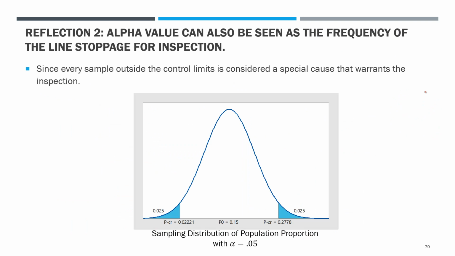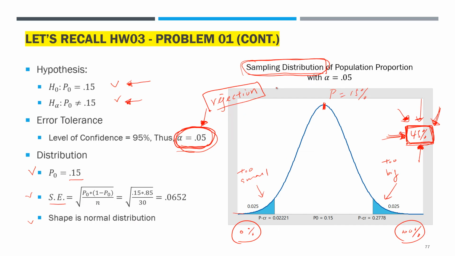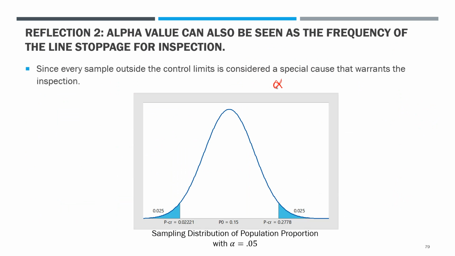The second reflection is that alpha value can also be seen as the frequency of line stoppage for inspection. If you remember the example right here, we used alpha as the level of error tolerance. Here alpha is the same alpha. However, under the quality control context, this is equivalent to line stoppage.